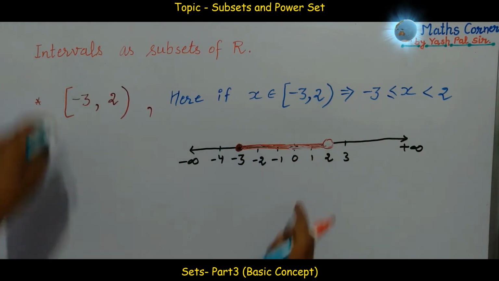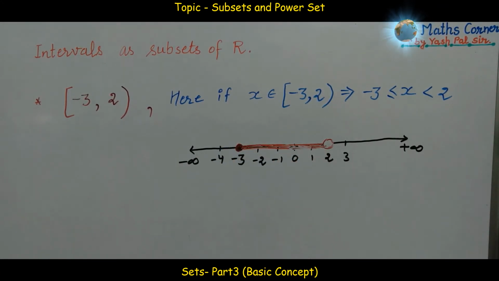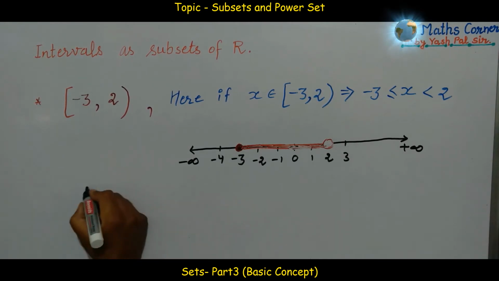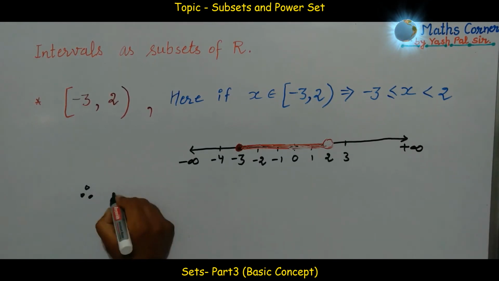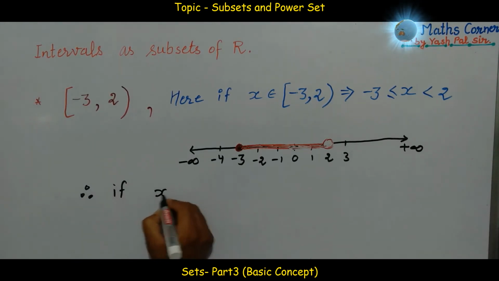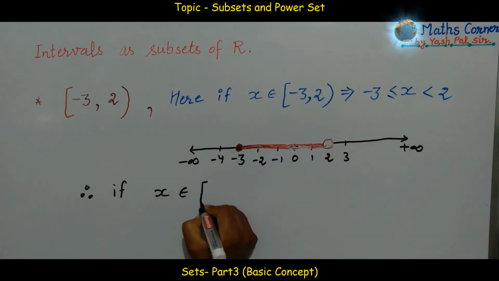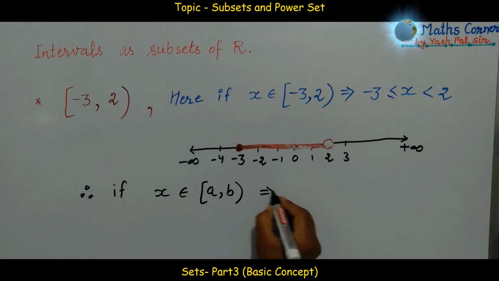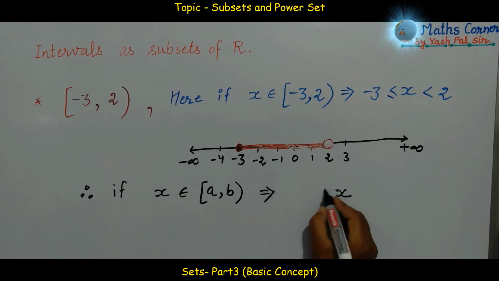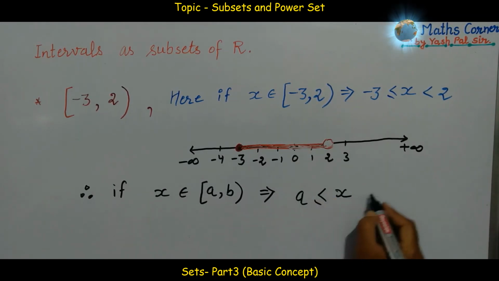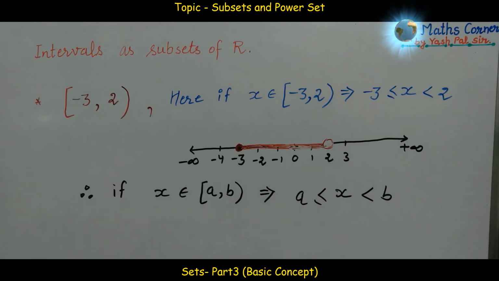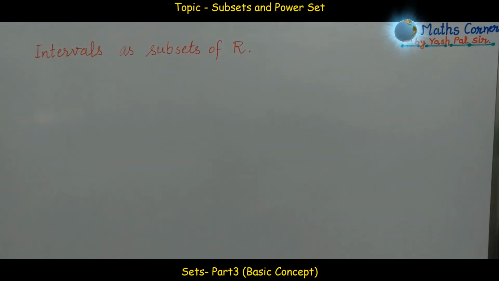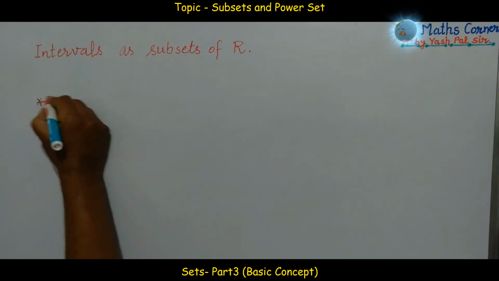Okay, this is the way we can say it. More precisely, again we can say if x belongs to closed open bracket, it means x is greater than or equal to A but less than B. Lastly, we have closed bracket, both sides closed bracket.